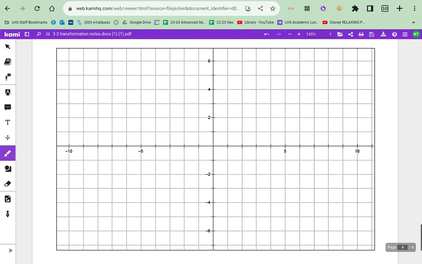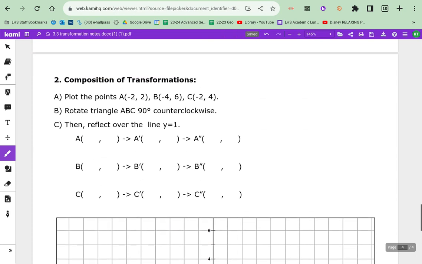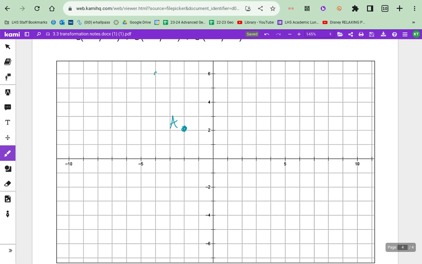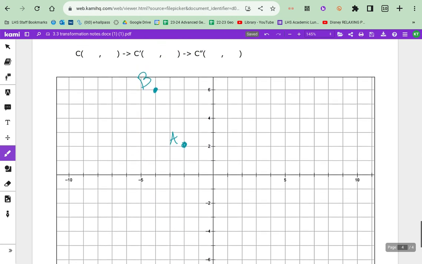So negative 2, 2 is A. Negative 4, 6 is B. And negative 2, 4 is C. And so that's a triangle, so we're going to connect those points so it looks like a triangle.